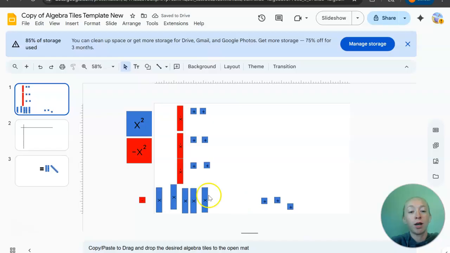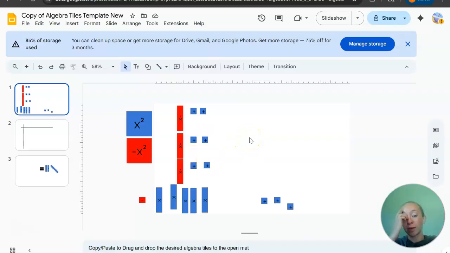Okay, so this one, what's our answer then? So if we have 3 negative x's, if we have negative x plus negative x, that's negative 2x, right? And then another negative x, negative 3x, plus 1, 2, 3, 4, 5, 6.